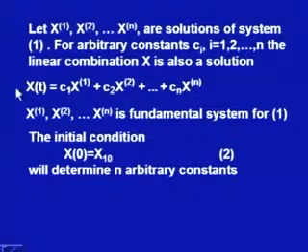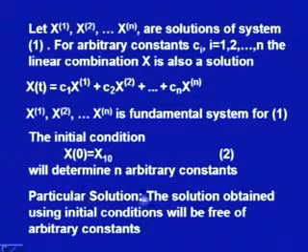So, at this stage, these are arbitrary constants. x1, x2, xn are n solutions, their linear combination is also a solution, but if we use this initial condition, then all these c1, c2, cn will be determined, and what we have is a particular solution. So, a particular solution is the solution obtained using initial conditions, which will be free of arbitrary constants.